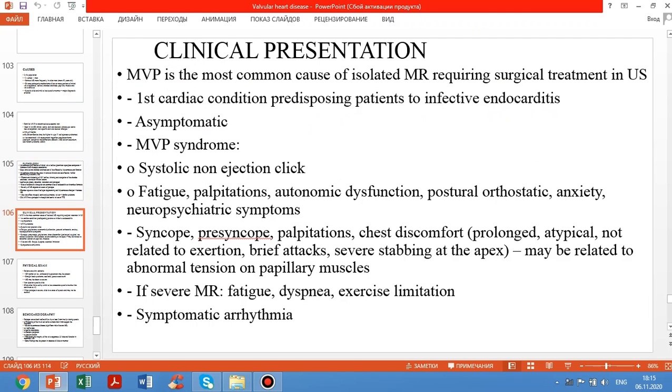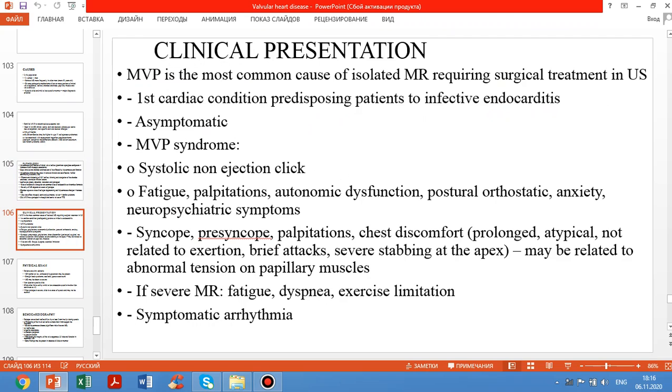There is syncope, presyncope, palpitation, chest discomfort, prolonged, atypical, not related to exertion, brief attacks, severe stabbing at the apex, may be related to abnormal tension on papillary muscle.